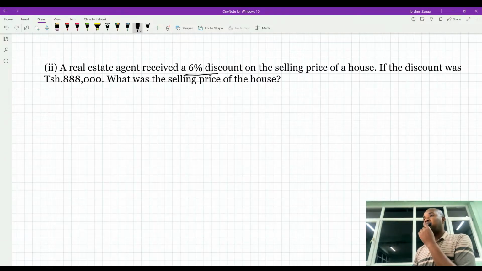First of all, we were given the discount. So 6% is equivalent to the discount, which is 888,000 Tanzanian shilling.